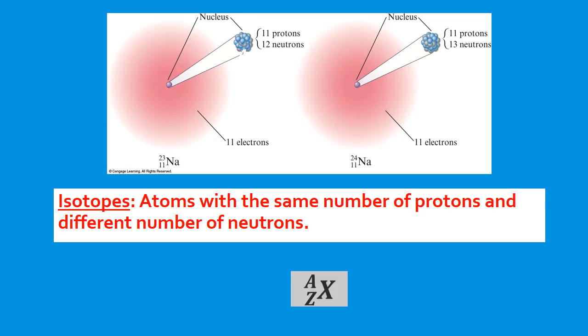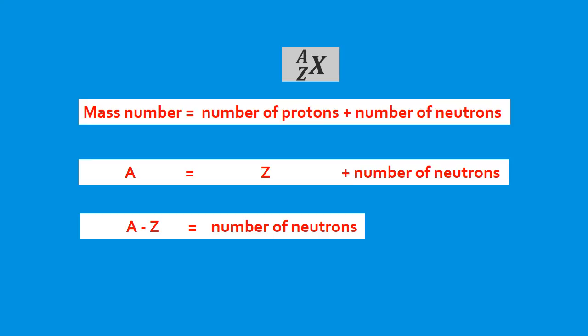If we look at the nuclide symbol, it is what we use when we talk about isotopes, or the isotopic symbol. X here represents our element symbol, the A represents the mass number, and the Z represents the atomic number. Just to summarize, mass number is number of protons plus number of neutrons.